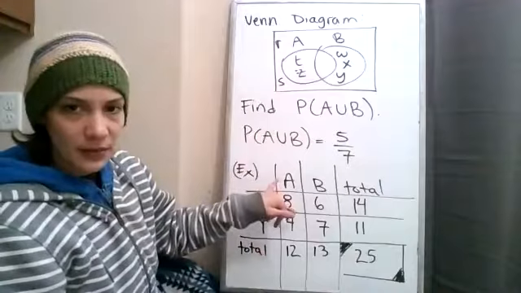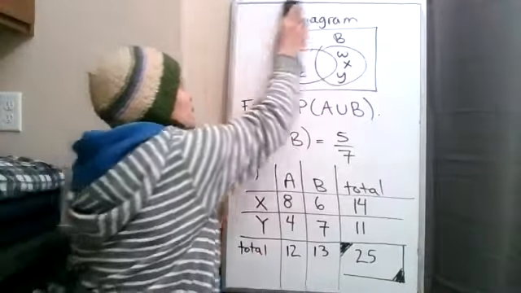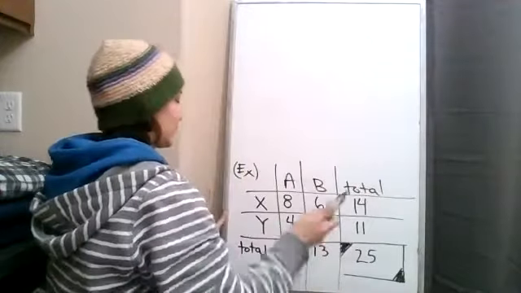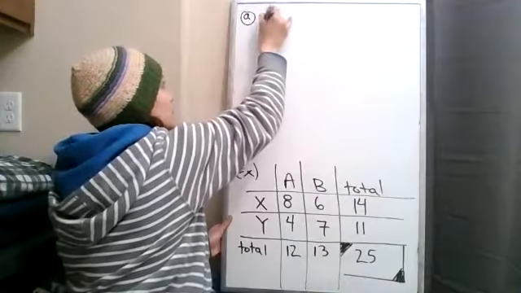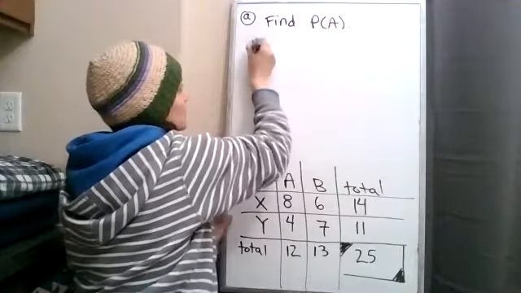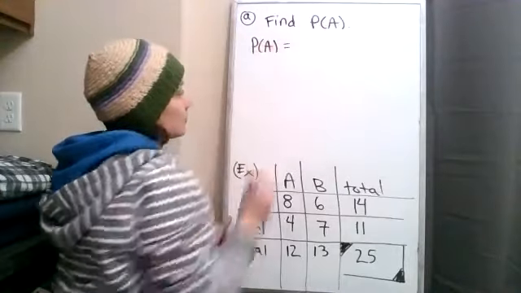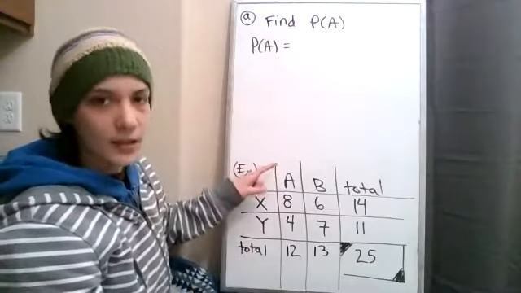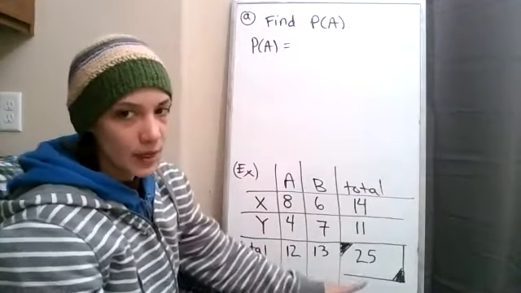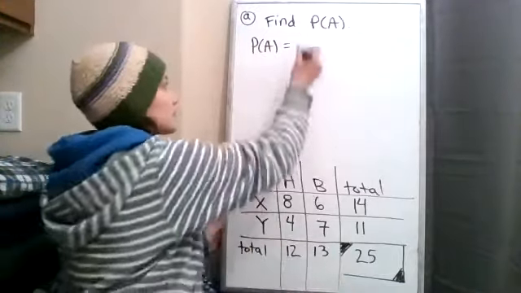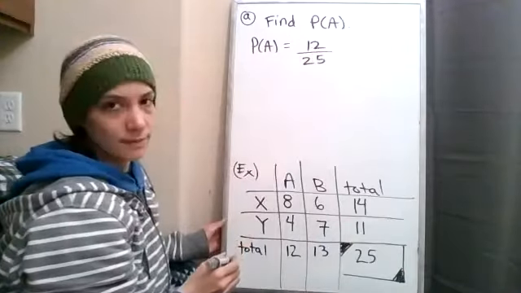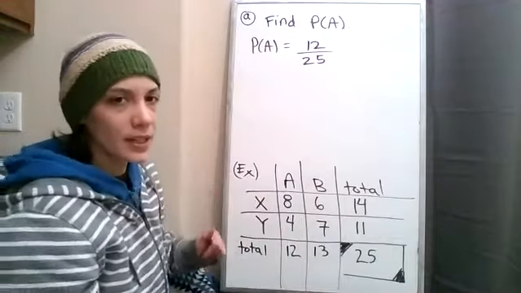Okay, we'll find the probability for A. Get to event A, find its total, and then divide that number, 12, by the full total of the whole space. 12 over 25.